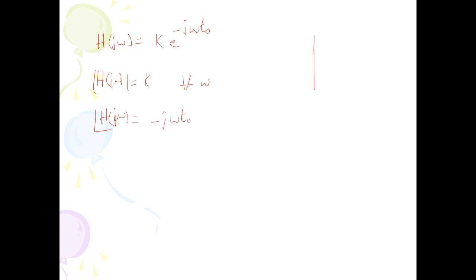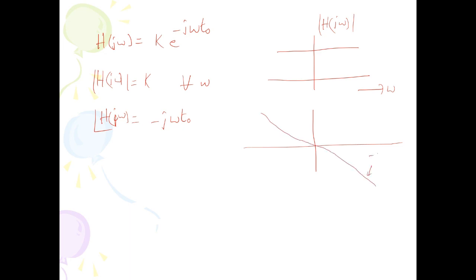If you plot, the magnitude response is constant. This is mod H of j omega for all values of omega. Similarly, the phase is minus omega t naught, which is a straight line. This is angle of H of j omega, and its value is 0 at omega equal to 0.